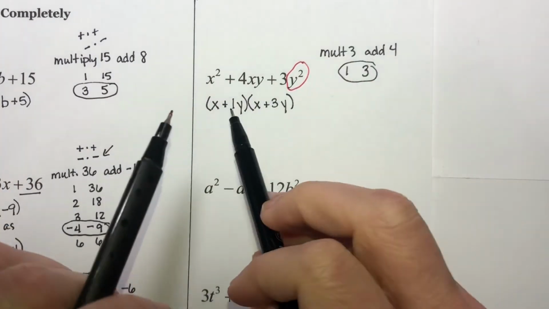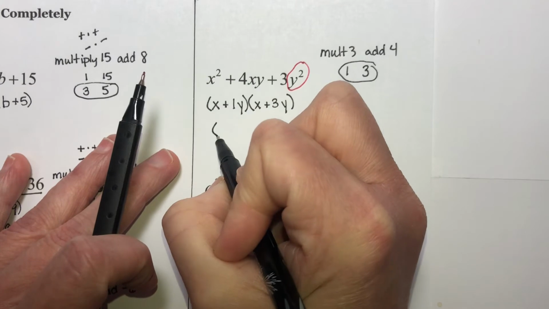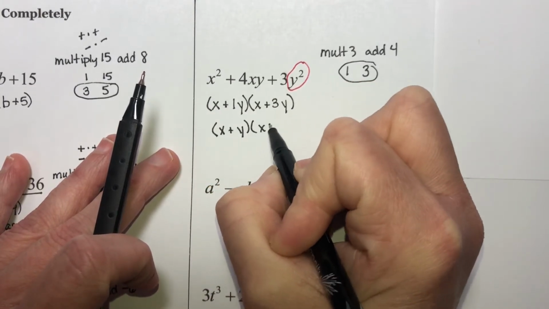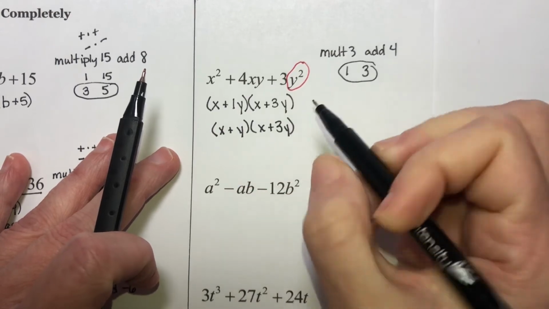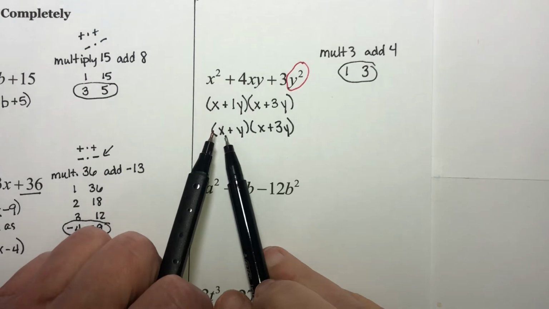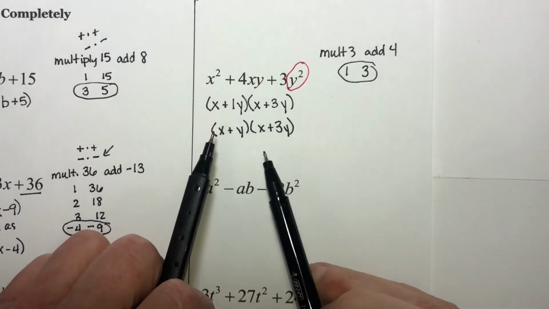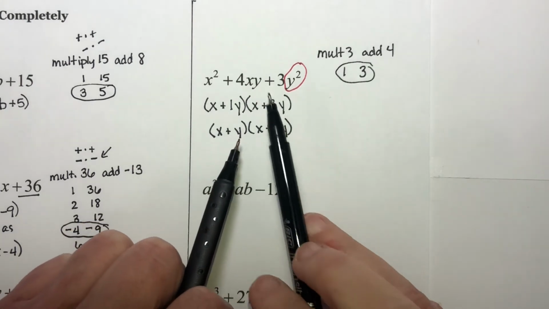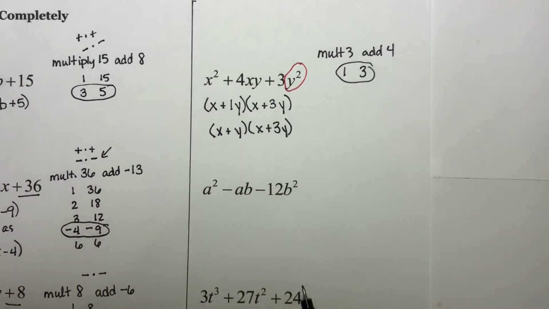Now normally we would leave off the 1, but I wanted to make sure that you understood that it was there. This is the better answer. Think about multiplying these together. I'd have x times x, which would give me the x squared. When I multiply these 2 together, I would get the xy's. If I multiply these 2 together, I get the y squared.